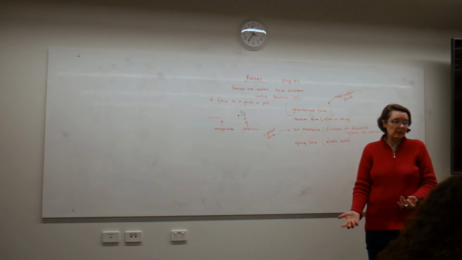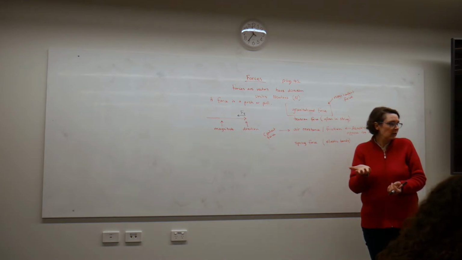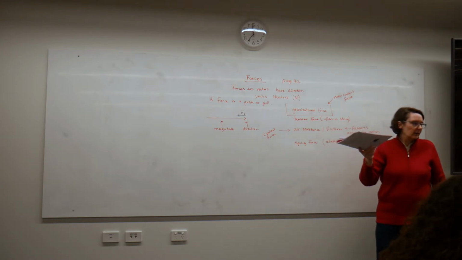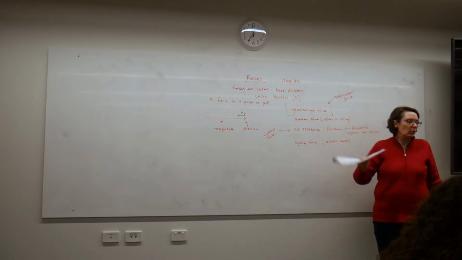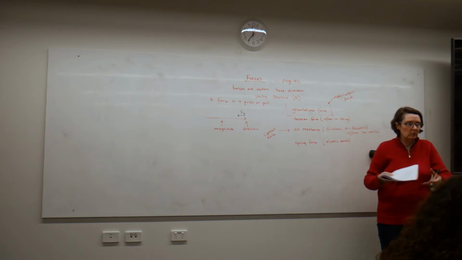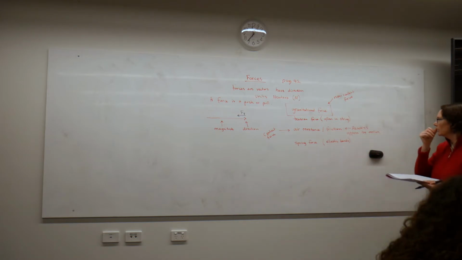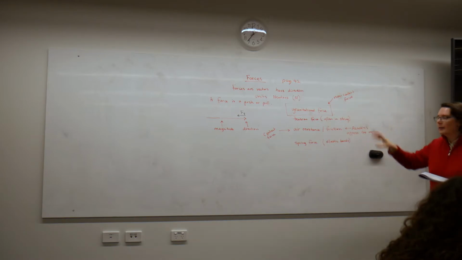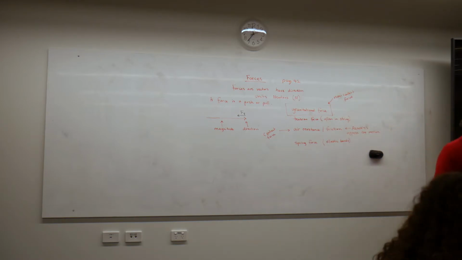That force was always there. But I let go of it, I stopped applying my force, holding it up. And so it's there no matter where it is, in reasonable proximity to the earth. But it's a non-contact force because it can act without there being those two objects in contact.